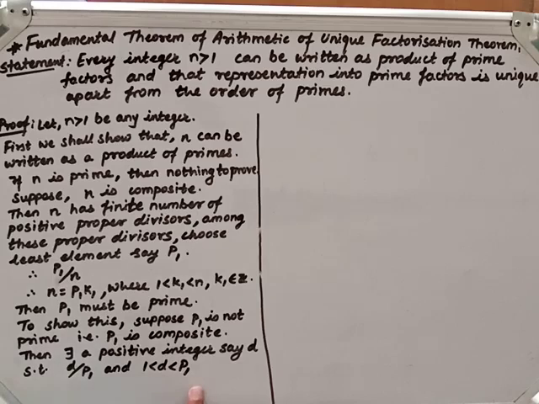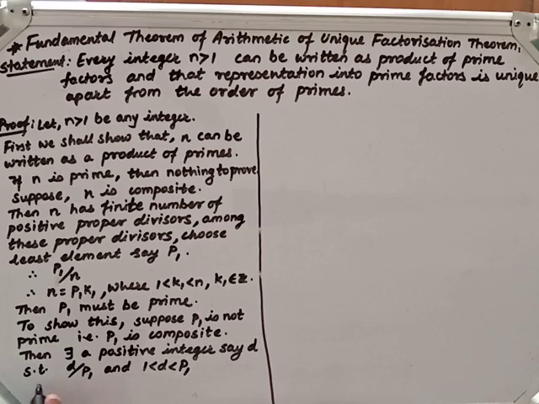If P1 is not prime, then it must be composite, because there are only two possibilities for a positive integer: it is either prime or composite. So there exists a positive integer d such that d divides P1, and d is not 1.